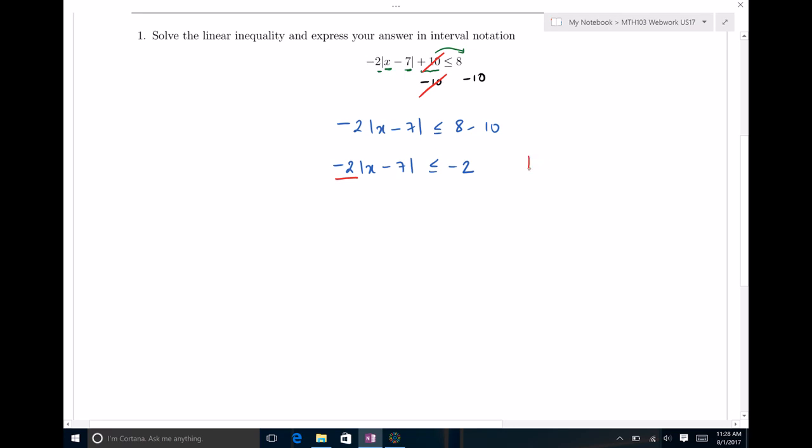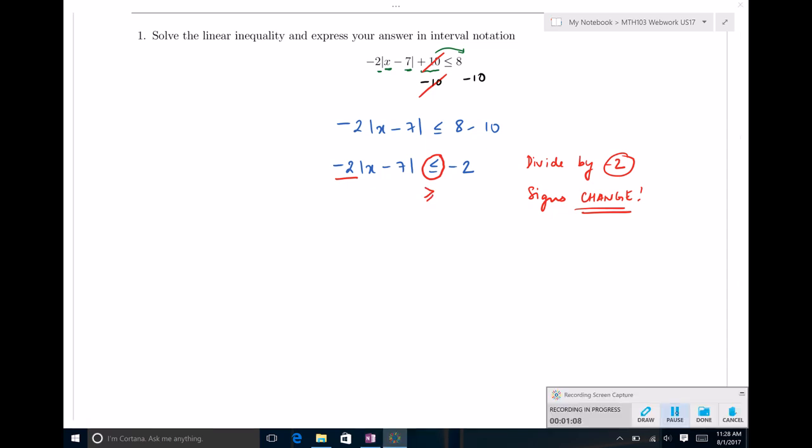Now what I want to be able to do next is separate this negative 2 from the absolute value, and to do that I would divide both sides of the equation by negative 2. But since I'm dividing by a negative number, I need to change the sign. So this less than or equal to sign will flip to give me the greater than or equal to sign.